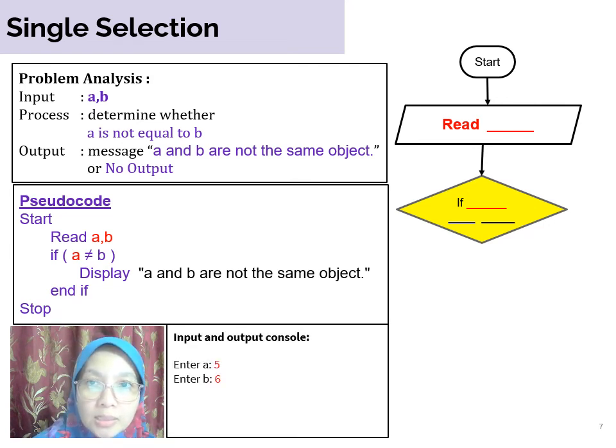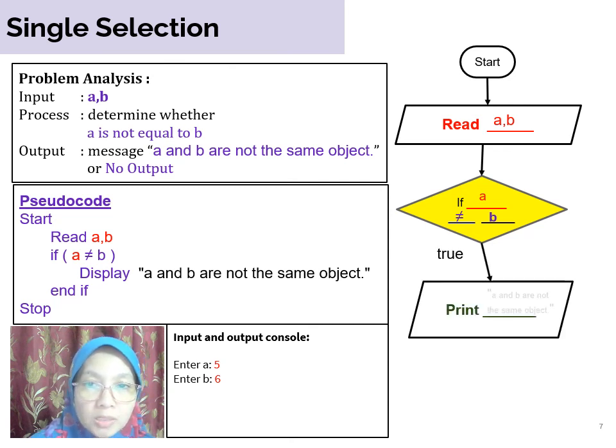So start, read a and b. When reading a and b, the user will enter a as 5 and b as 6. Then if a is not equal to b: is 5 not equal to 6? True. So print a and b are not the same.